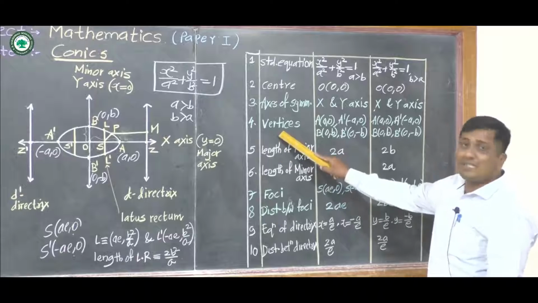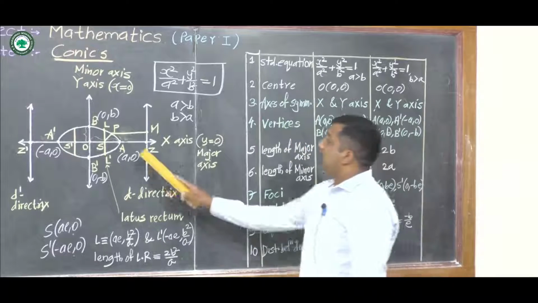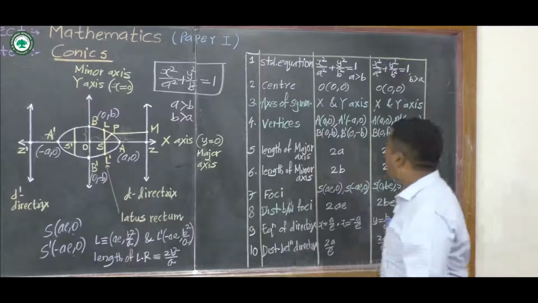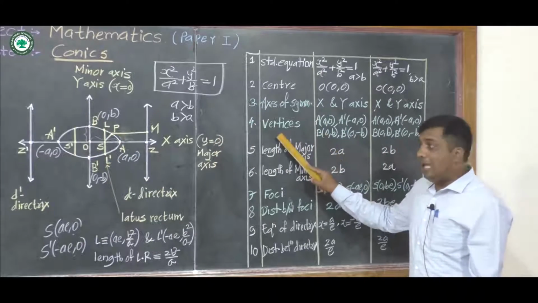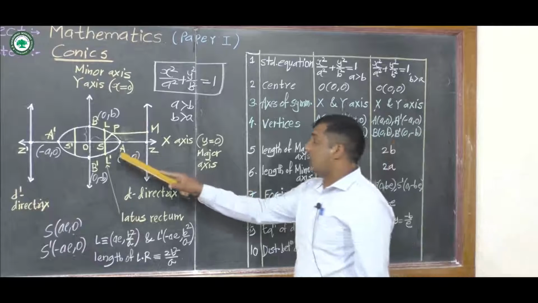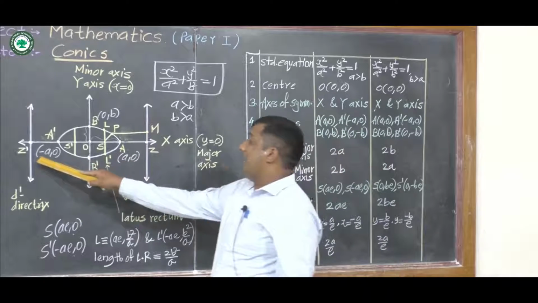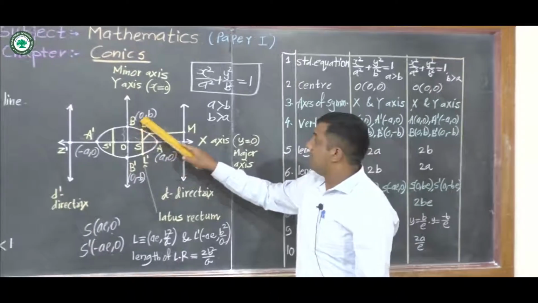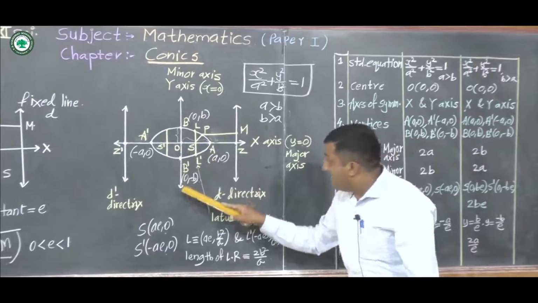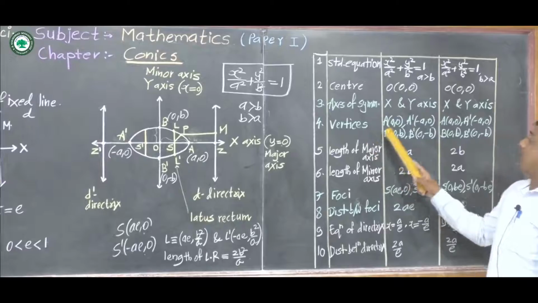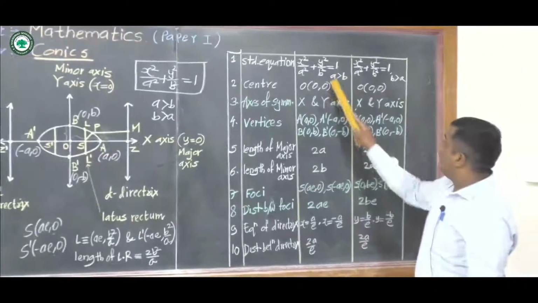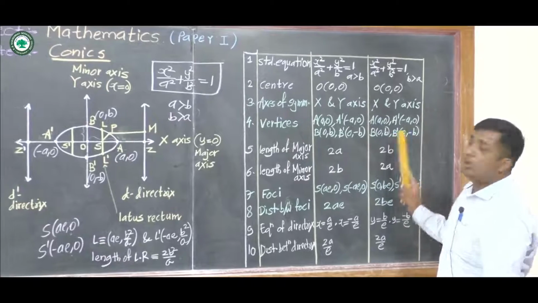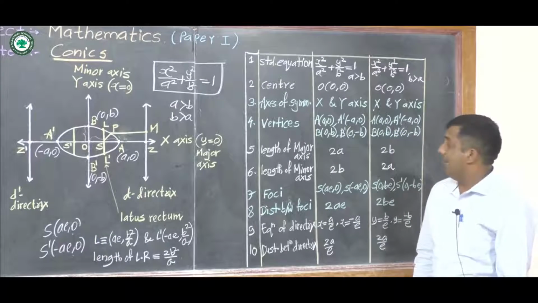Then the vertices. Here A, A dash, B, B dash are the vertices of the ellipse, and the coordinates of A are (a, 0), for A dash it is (minus a, 0), for B it is (0, b), and for B dash it is (0, minus b). This is for the first equation. For the second, the vertices are the same.